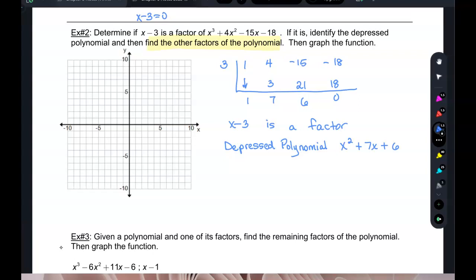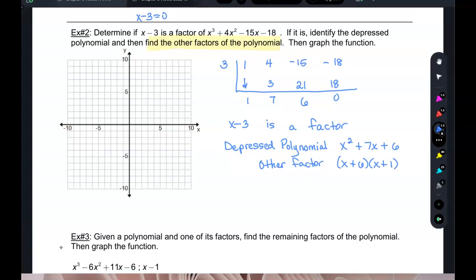The question is, can we factor that further? Yes. What are the other factors? Plus 6 and plus 1.